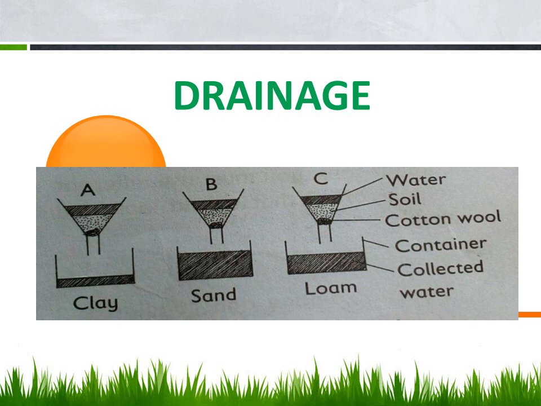Pupils, soil with small particles allows little water to pass through them. Hence, it is said to have poor drainage. For instance, in our experiment A, B, C, B is sand soil and C is loam soil.